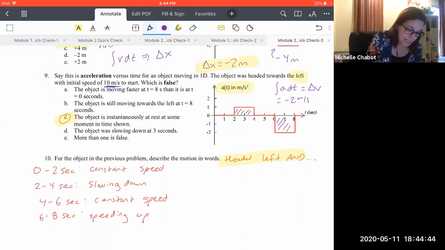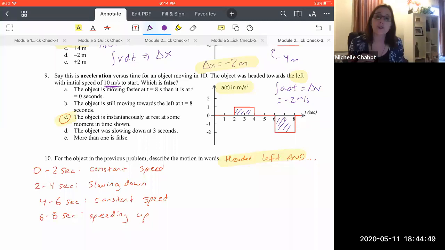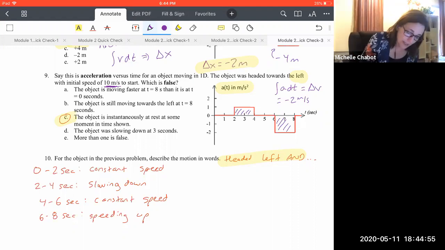So the object is, in fact, moving faster at 8 seconds than it was at 0 seconds because I have more negative acceleration. So what's going to happen is if I'm headed to the left, my v initial is less than 0. So in this portion, I'm going to slow down, and I'm going to slow down by the amount of that area.